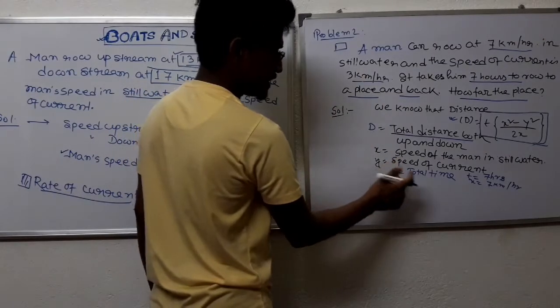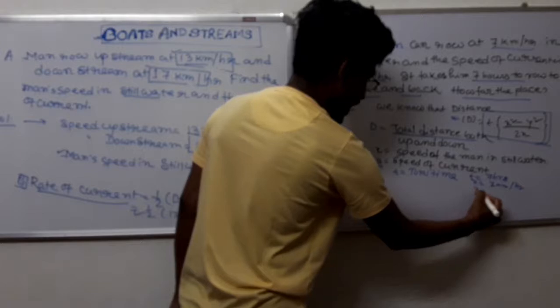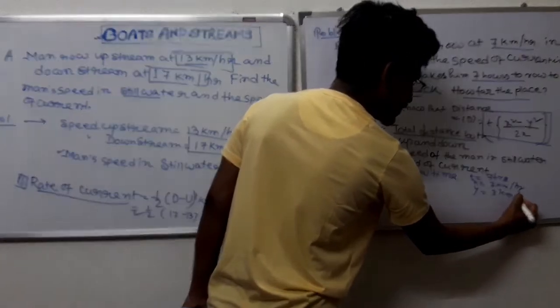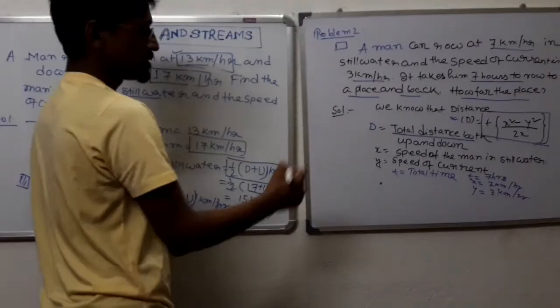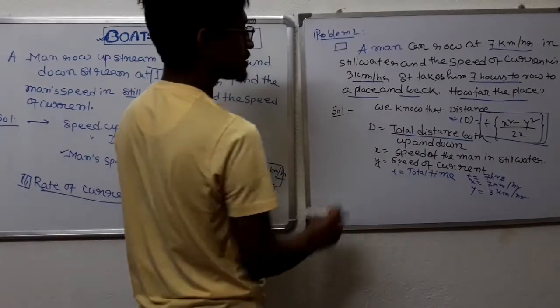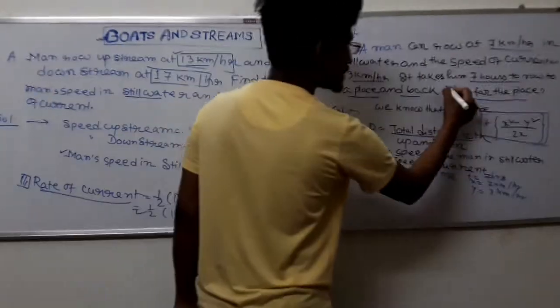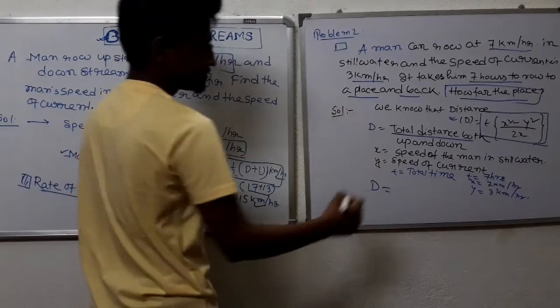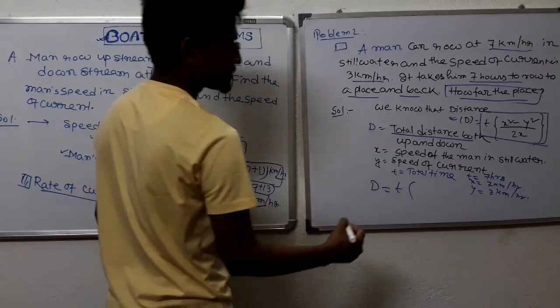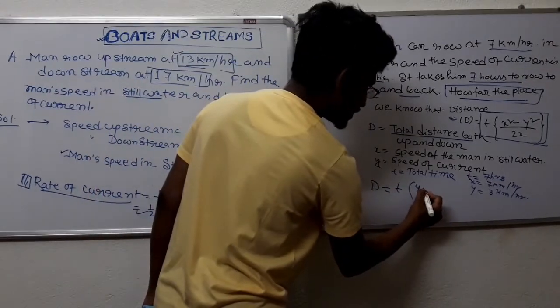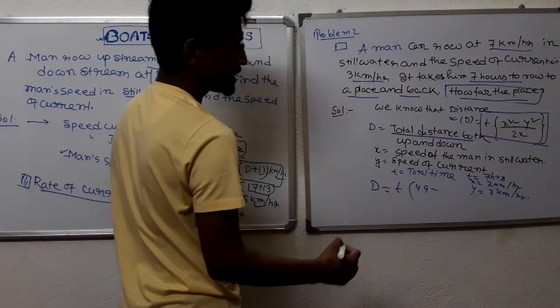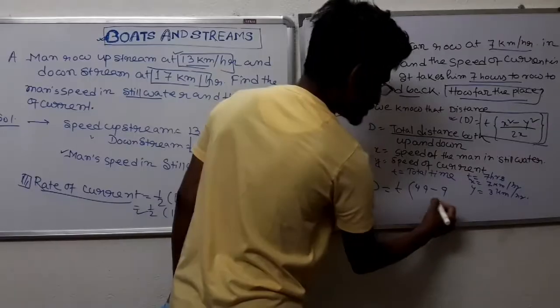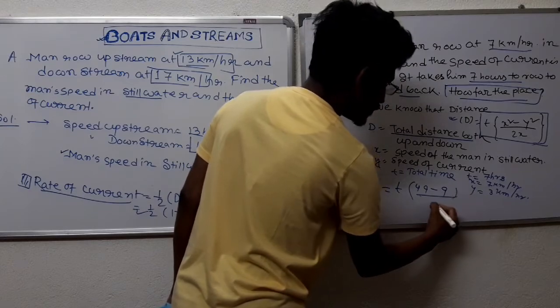Another is the speed of the current, y, so y equals 3 km per hour. Now you have to calculate the distance, how far the place is. So just put d equals t into (x square, 7 square, that is 49, minus y square) by 2 into x.